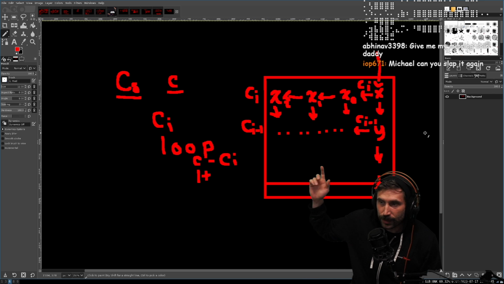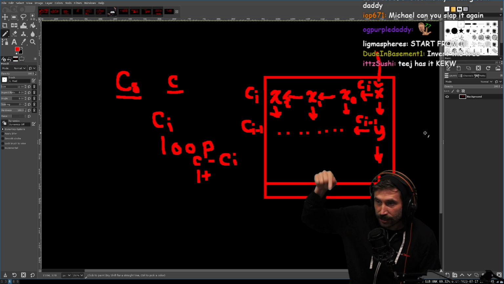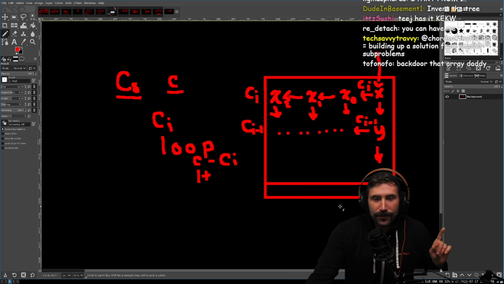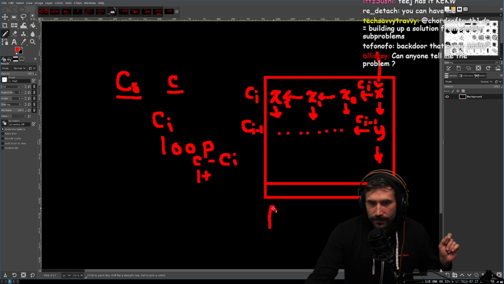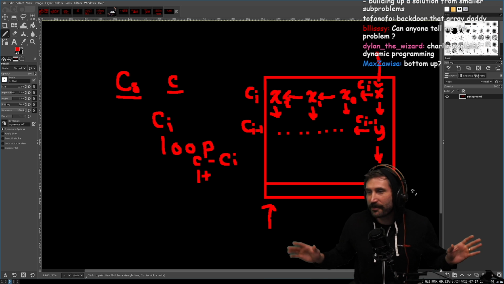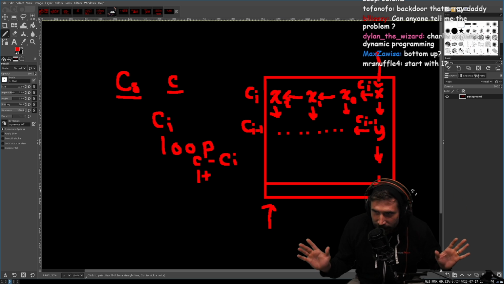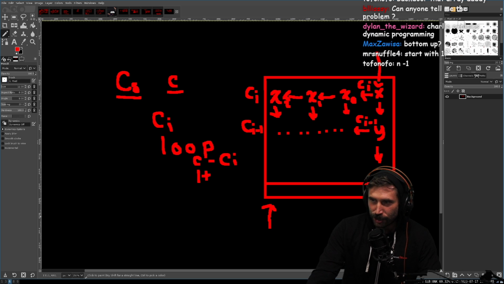This is how the recursive solution works. What happens if we start from down here, and our goal is to get up here? Bottom up, boys. Tired of being a top? I'm ready to be a bottom. It's my bottom arc starting today. Okay? We're starting with 1.